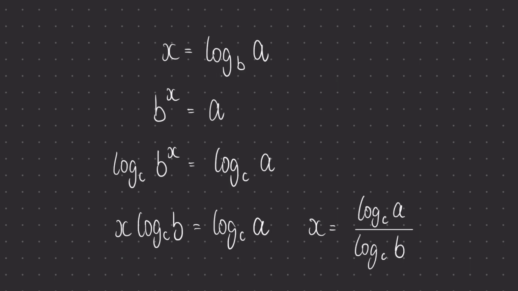Now remembering that x was what I set log to the base b of a as, I can see that I've managed to change that into log to the base c of a over log to the base c of b. And so we went from a logarithm to the base of b to now a logarithm to the base of c.